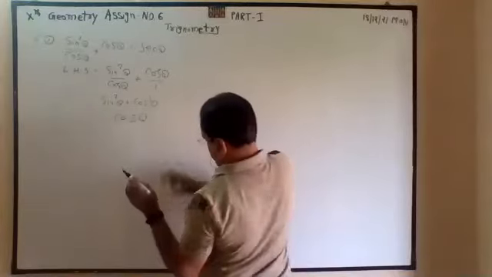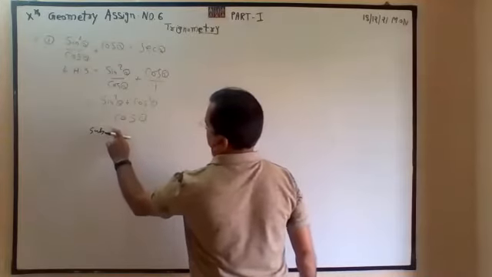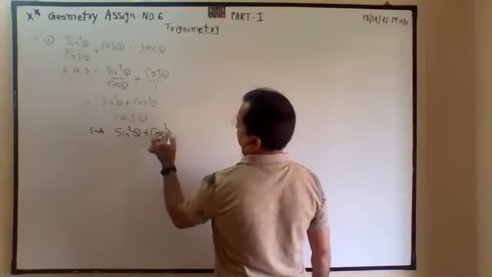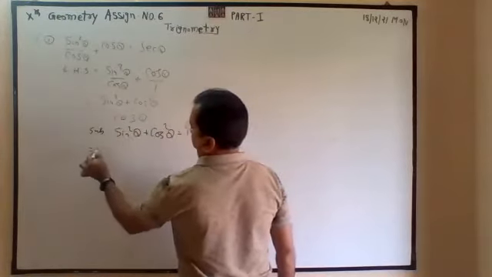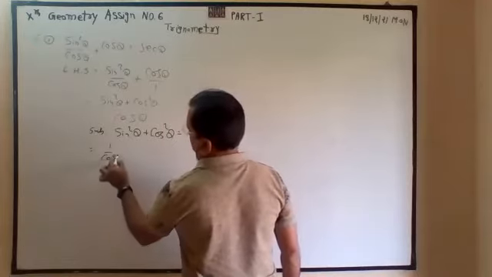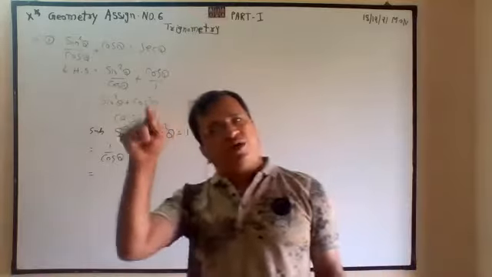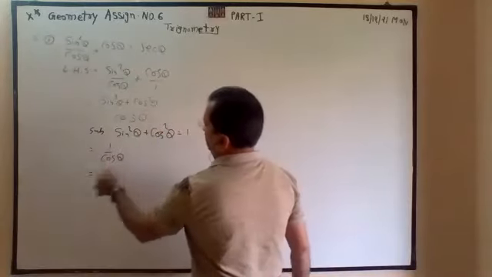Now you have to write, substituting sine square theta plus cos square theta is equal to 1. So this is 1, so 1 by cos theta. And 1 by cos theta, cos into sec is equal to 1, so 1 by cos is equal to sec. So this answer is sec.